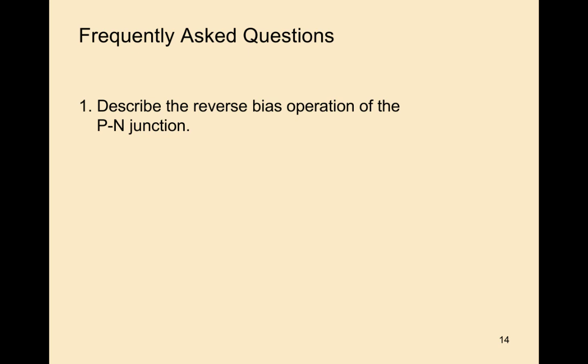That is the frequently asked question related to today's topic. Reverse bias: explain the reverse bias operation of PN junction, and also they may ask like this: define reverse saturation current, and explain the operation of PN diode in reverse bias condition.